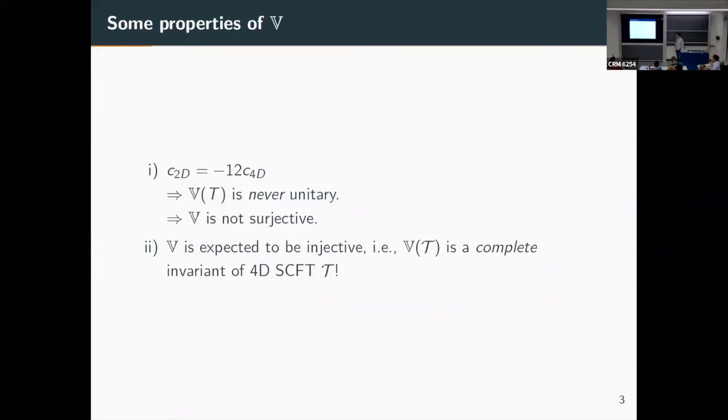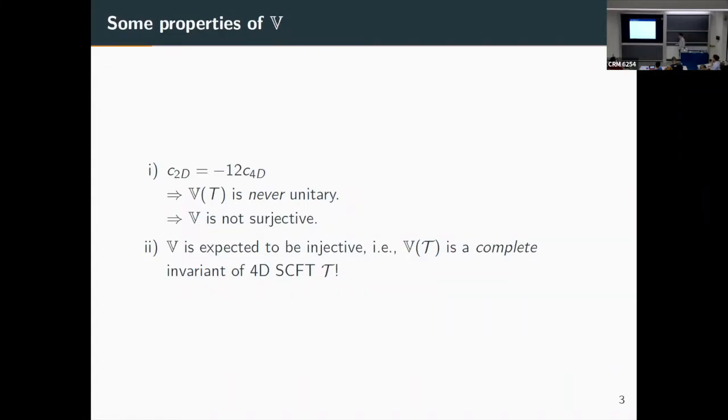In other words, the corresponding vertex operator algebra is a complete invariant of the 4-dimensional theory. This is extremely exciting because, as I said, 4-dimensional theory is not mathematically defined. But if you use this map, we hope to be able to go back from vertex operator algebras to this mysterious world of 4-dimensional theory.